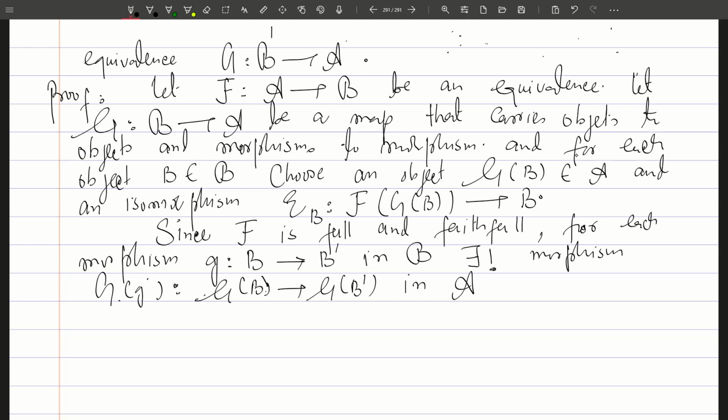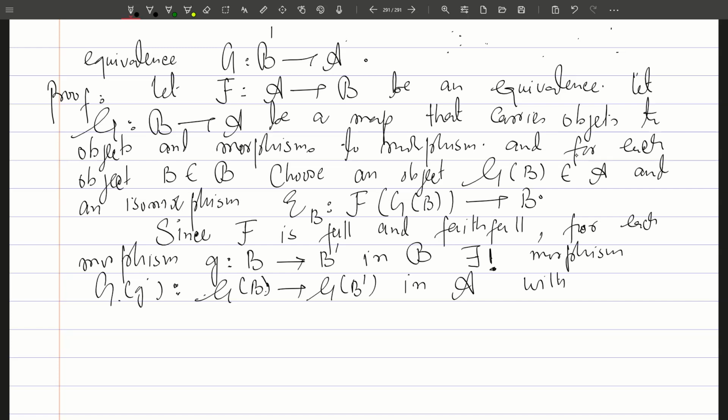F being full and faithful, faithfulness implies the uniqueness and fullness implies the existence. So using full and faithfulness, we claim that there is a unique morphism Gg from GB to GB prime in A. Now, what is special about this?